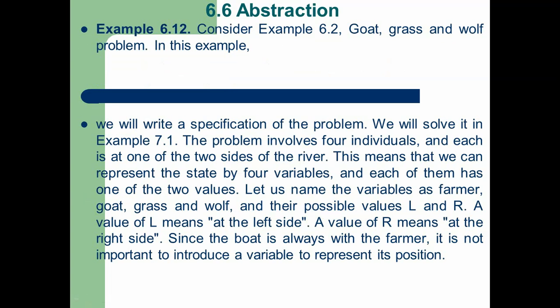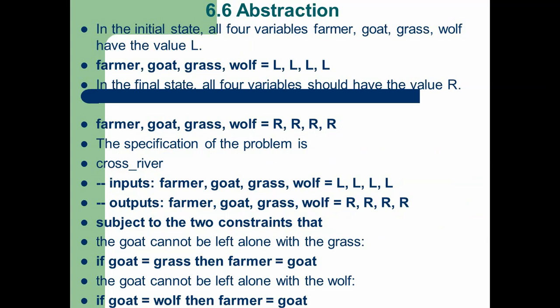There are two sides of a river, the left and the right side. The farmer, goat, grass and wolf are all on the left side of the river, and they want to travel across the river and reach the right side. So this is the question. What is the problem? In the boat only two members can travel.